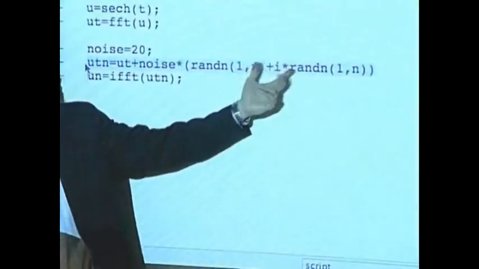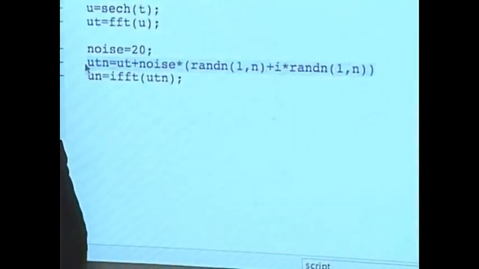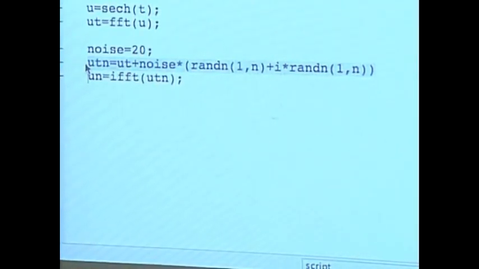So what I do here is I go to every frequency component and add a random variable. This is rand_n, mean 0, unit variance. And I add both a real and imaginary part, just to my signal. So I've modified my signal, made it not so nice.